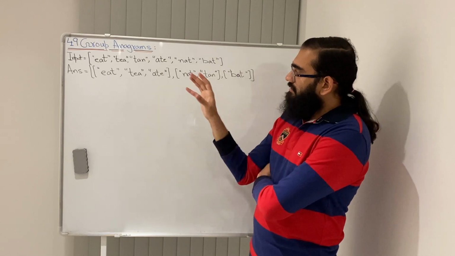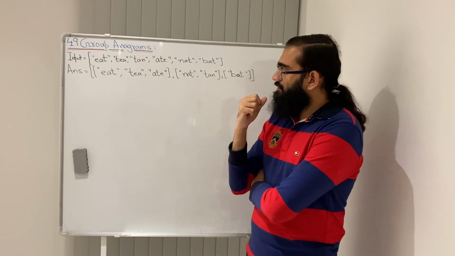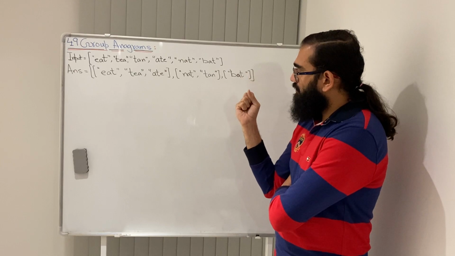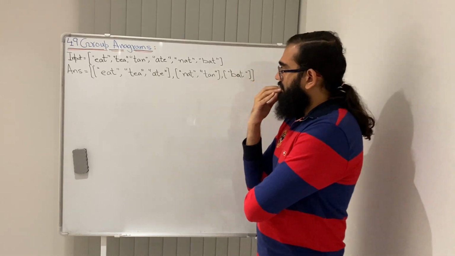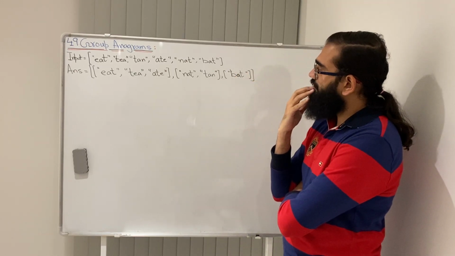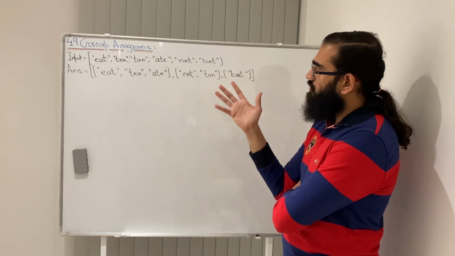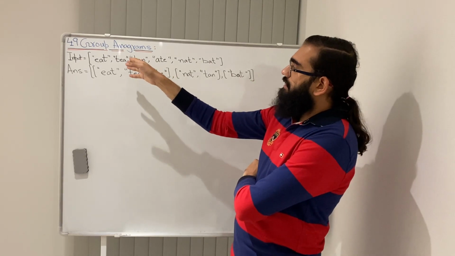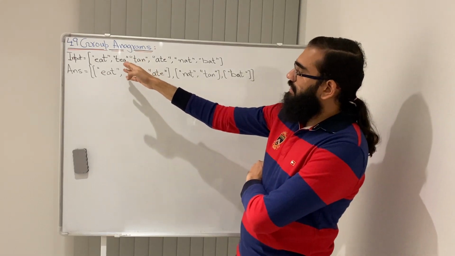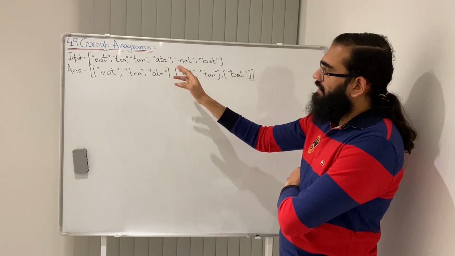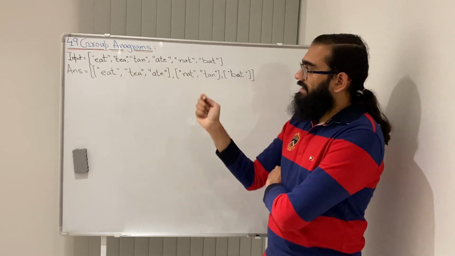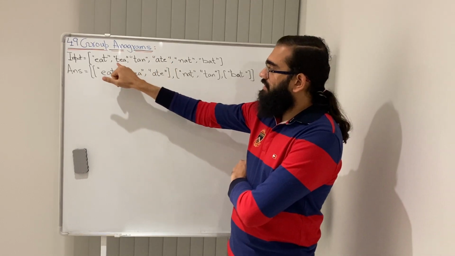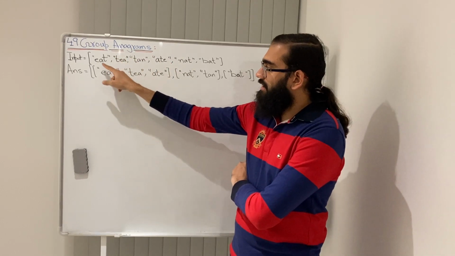Then the second approach is the brute force. What will be the brute force? Maybe a first loop takes a string, and a second loop compares that string with the remaining ones, also counting at the character level: T is available, E is available, A is available.